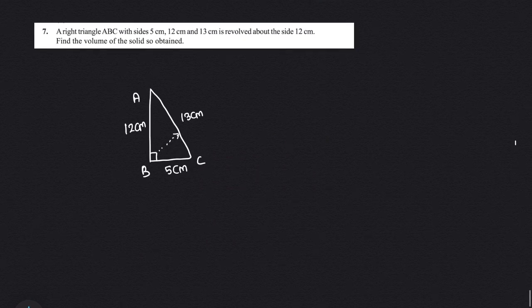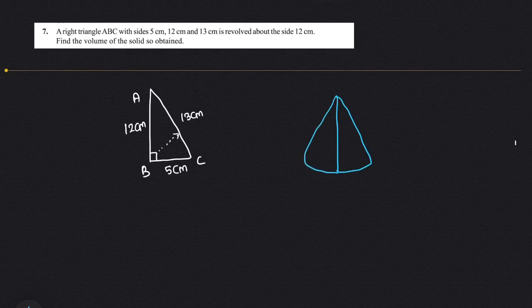So it's revolved, so it will create a cone. The radius is 5 centimeter, the height of the cone is 12 centimeter, then the slant height L is equal to 13 centimeter.